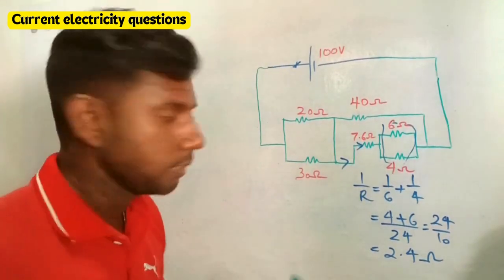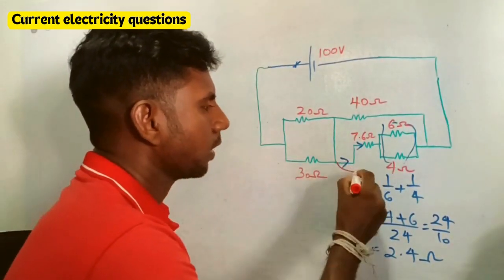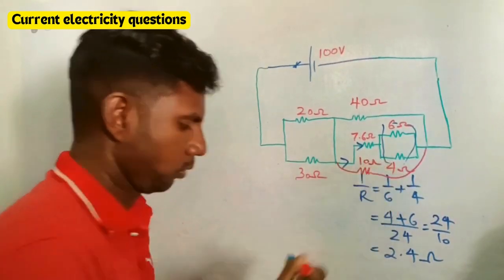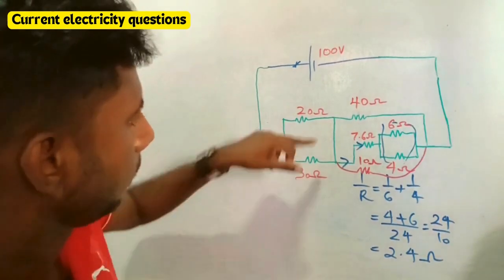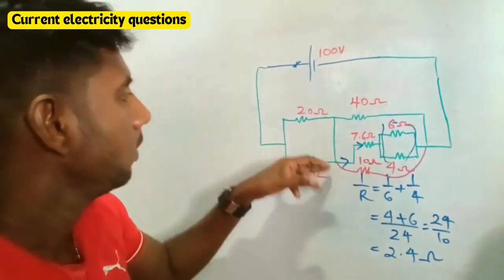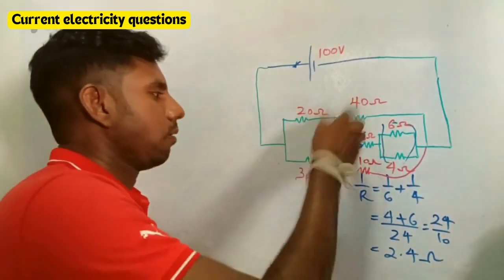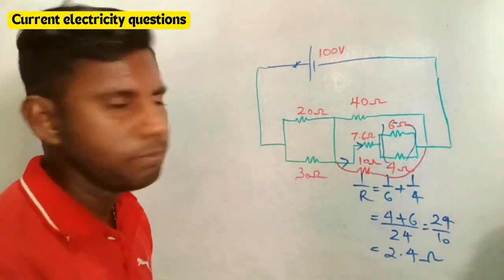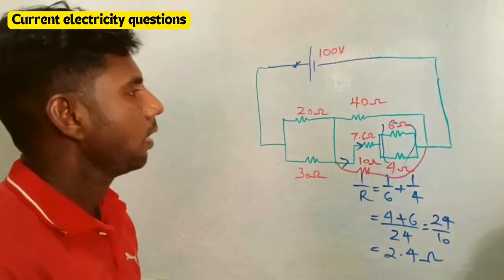Let's draw it like this, a 10 ohms resistor up to here. Then it's easy, it's connected by this wire. I hope you can see it. There's no current flow through it because it's connected by a wire, so the potentials are the same.